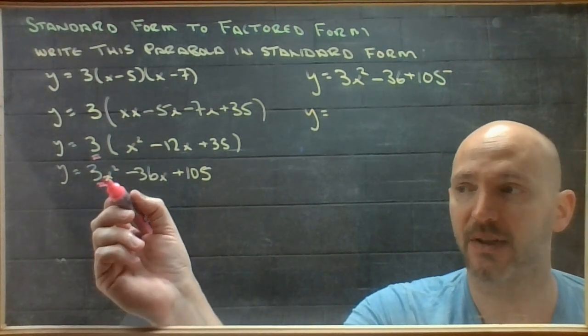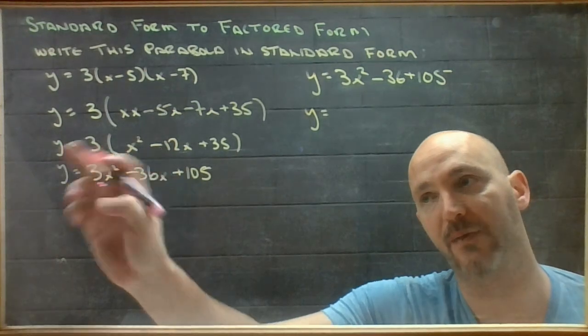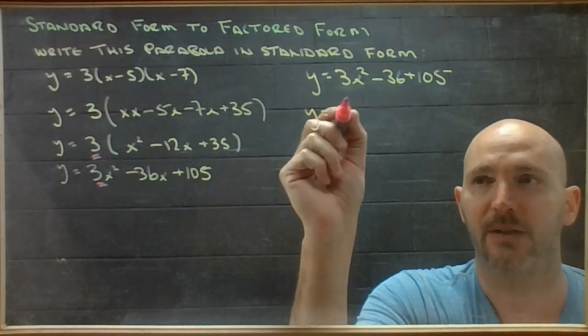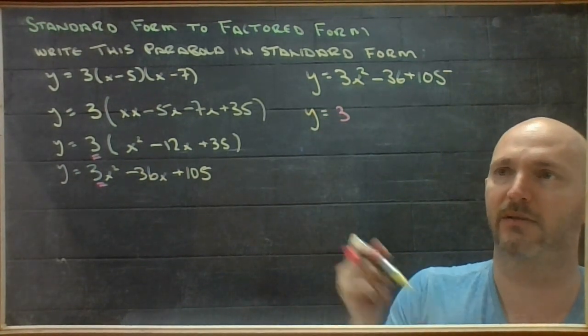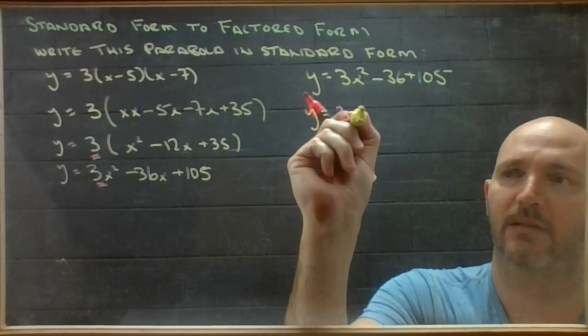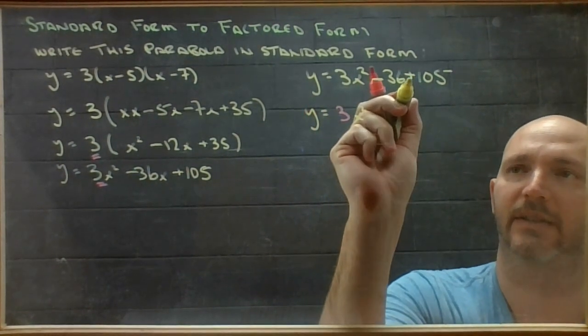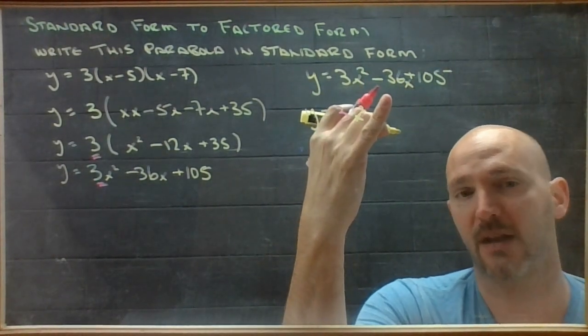You've got to peel this number off. And by peeling it off the first term, you have to peel it off of all of them. So I'm going to see this as 3x squared. And I have to think about this: oh, it should have an x on it. That's 3 times something.